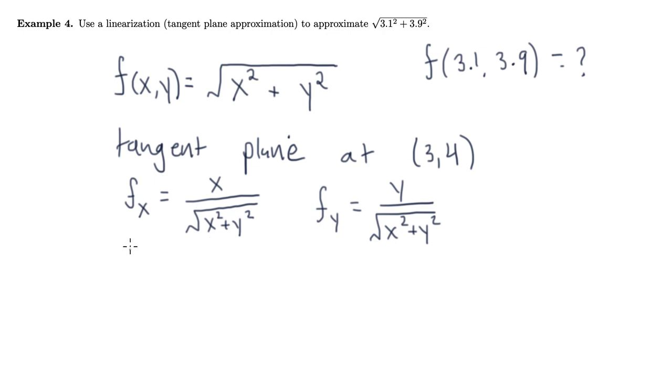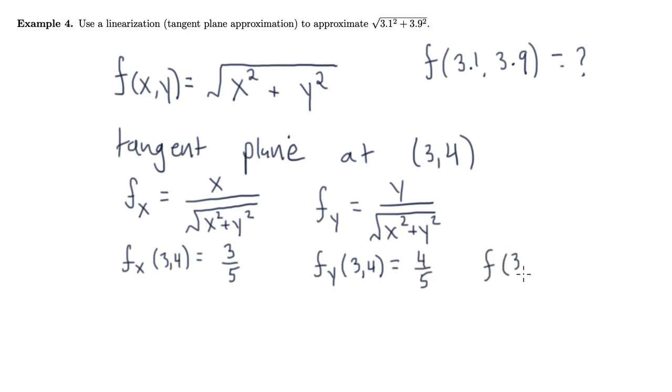And if I evaluate at the point (3, 4), notice that I get 3/5. If I evaluate the partial with respect to y at (3, 4), I get 4/5. And notice that we already said f of (3, 4) is 5.